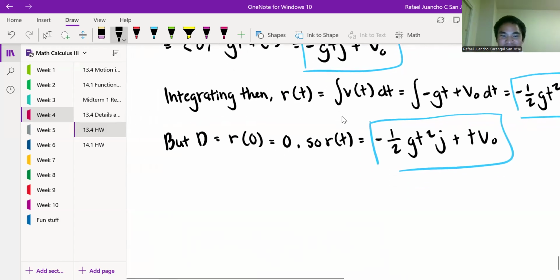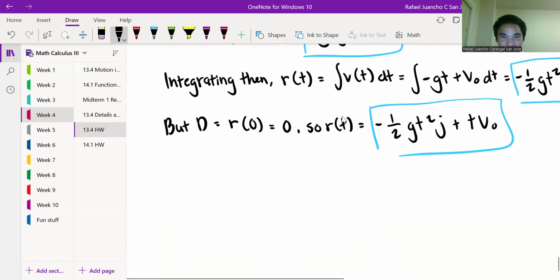Okay. And then what else can we say? Did I get that? Okay, I hope I got that. Actually, let me write all of what I just did here. So I put negative 1/2 gt squared, and then I put my standard basis vector, I put my j here.